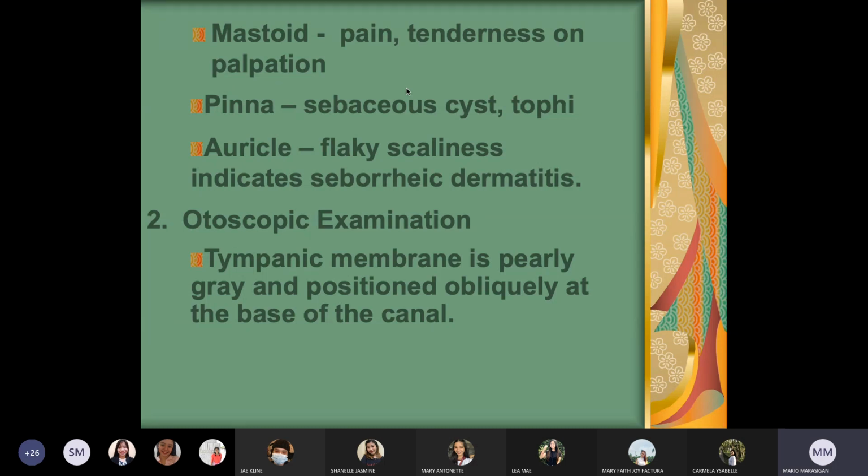Okay, pearly gray, and it is positioned obliquely. The following landmarks are identified if visible. Okay, the pars tensa, the umbo, the manubrium of the malleus, and its short process. It should be inspected.